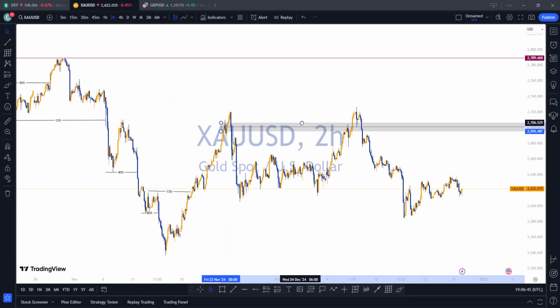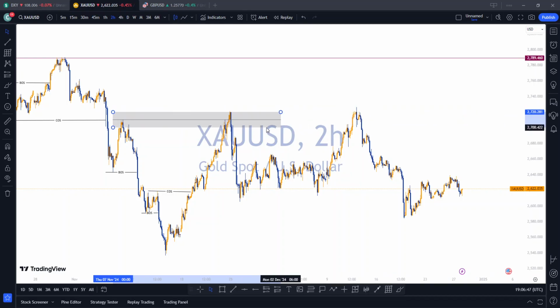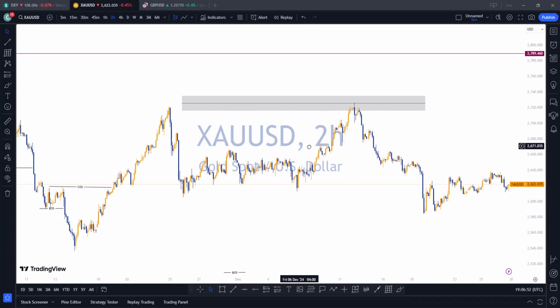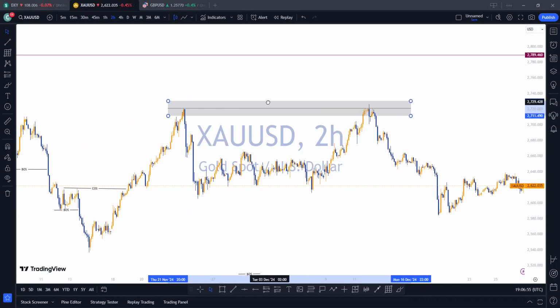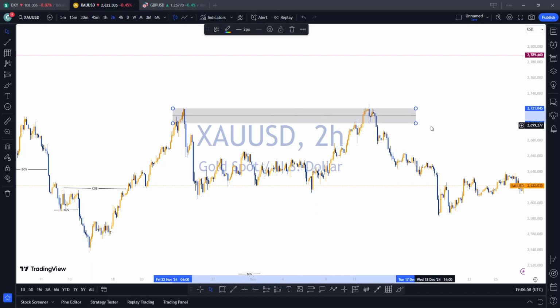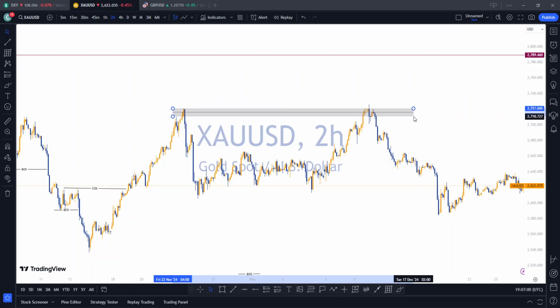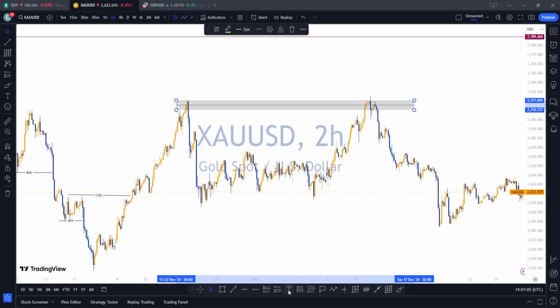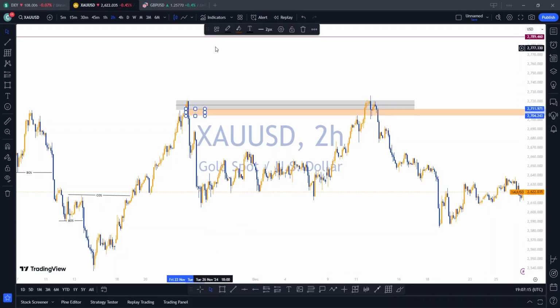So let's see, the market has currently reacted. Let's just go to the current price. We can see right here the market is reacting off of this area right here. We have that order block, and we also have an imbalance right here that the market reacted from.